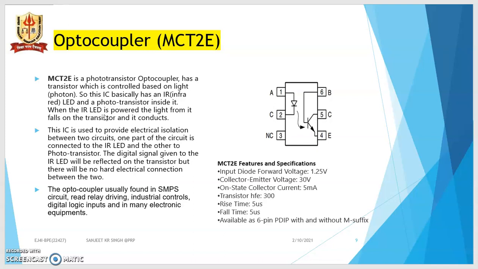When the infrared LED is powered, the light from it falls on the transistor and it conducts. So this IC is used to provide electrical isolation between the 2 circuits. One part of the circuit is connected to the IR LED and the other to the phototransistor. The digital signal given to the IR LED will be reflected on the transistor, but there will be no hard electrical connection between the 2.